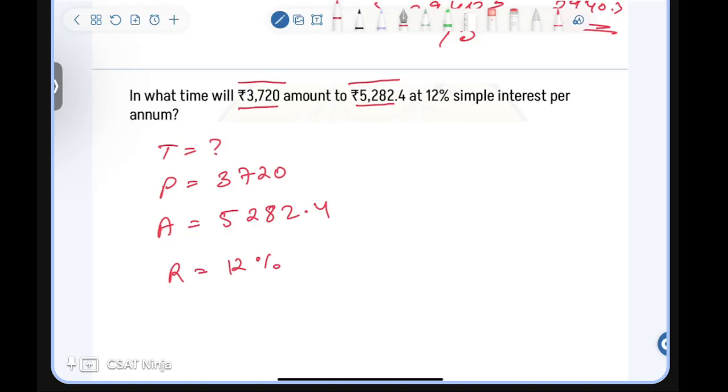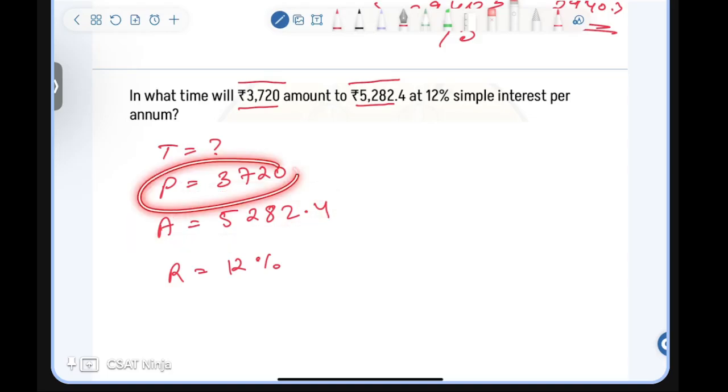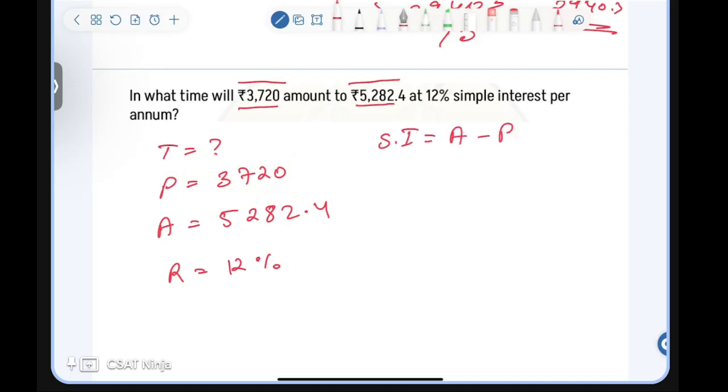Remember, if you are given amount and principal, then you can easily find simple interest, because simple interest is nothing but amount minus principal. From the amount, if I remove principal, I'll get simple interest. So the amount is 5282.4 minus principal, which is 3720.